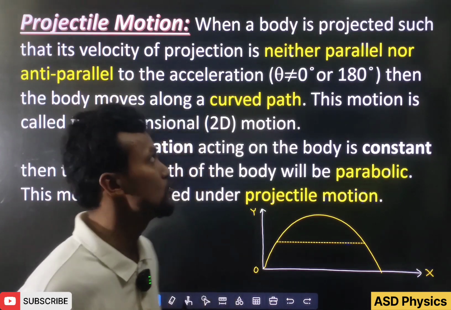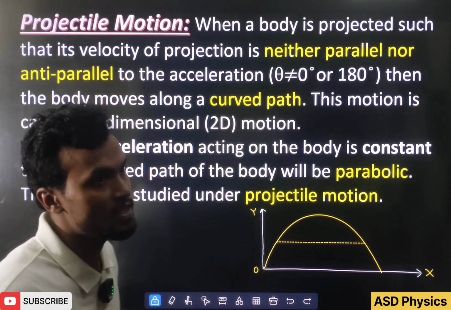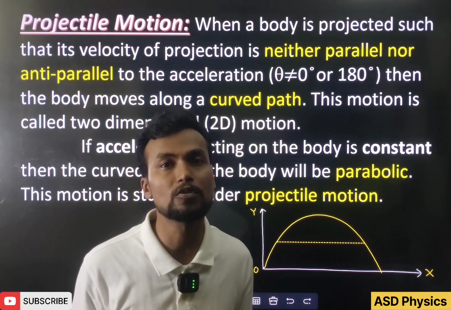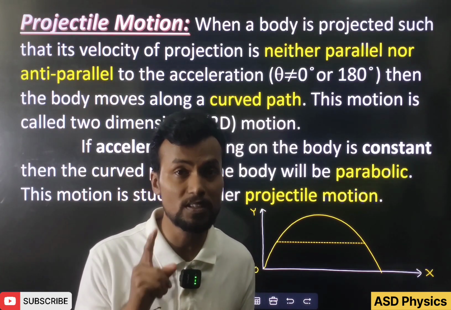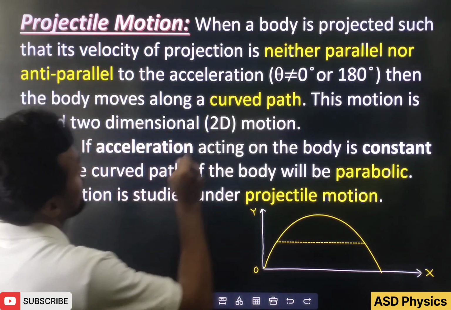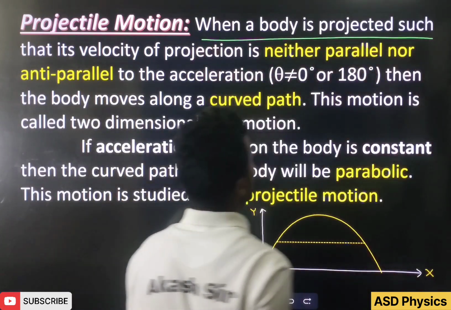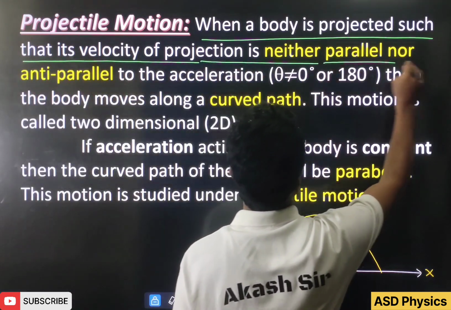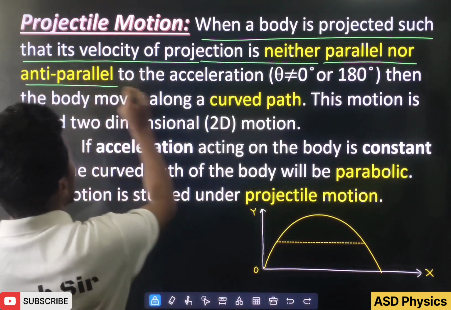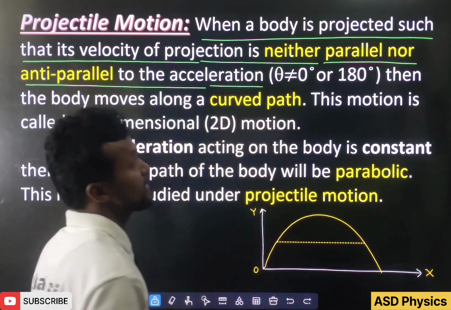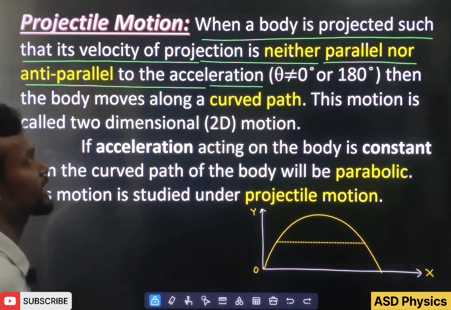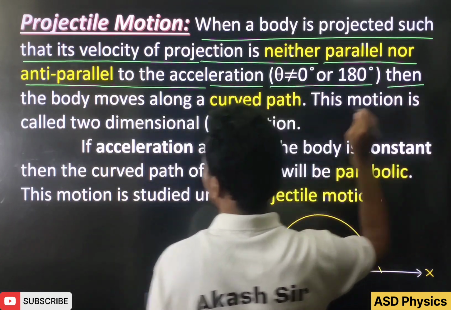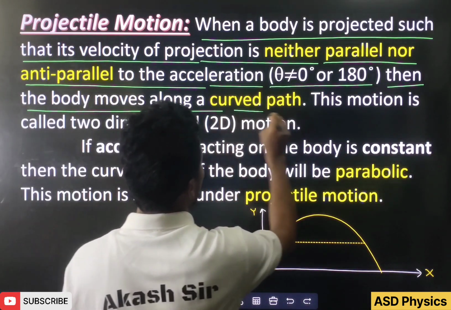As I have told you, projectile motion is an example of motion in a plane. First we will understand in which situation the body will do motion in a plane, that means motion in two dimensions. When a body is projected such that its velocity of projection is neither parallel nor anti-parallel to the acceleration, that means theta should not be 0 degree and should not be 180 degree, then the body moves along a curved path.